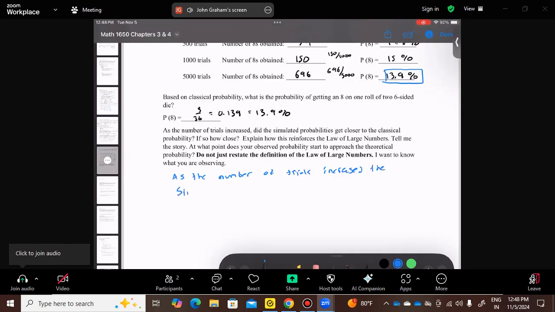the simulated probabilities were closer to the classical probability with some fluctuation.